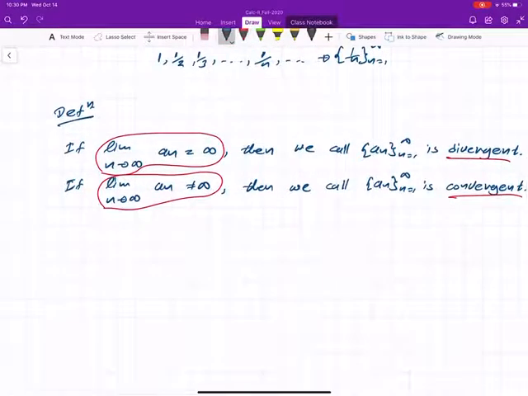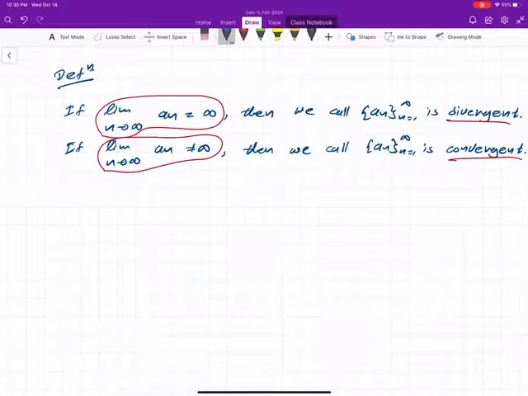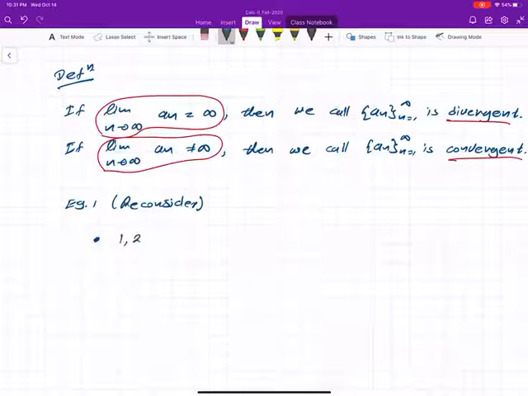Now we are going to reconsider example number 1. Write the first sequence, which is 1, 2, 3, ... That is the n-th term.